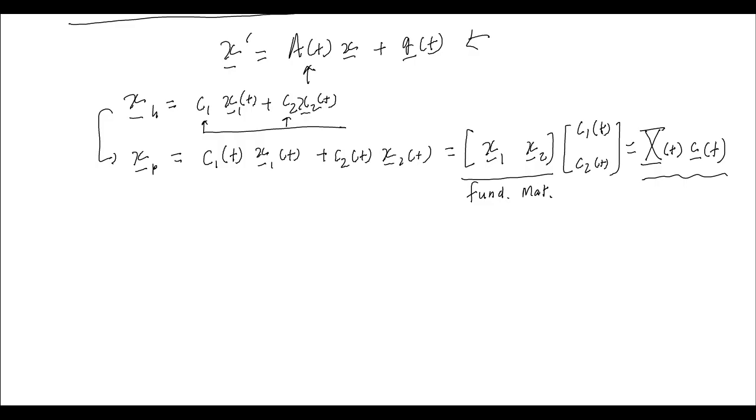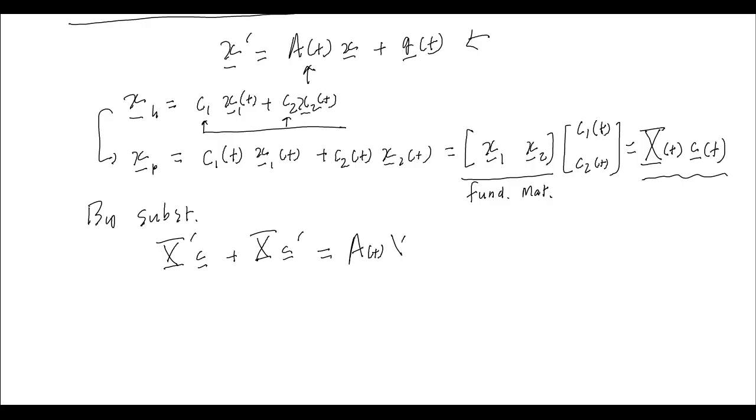By substitution, we get X prime c plus X c prime, because both of them are functions of t. The right hand side becomes A of t X c plus g of t.